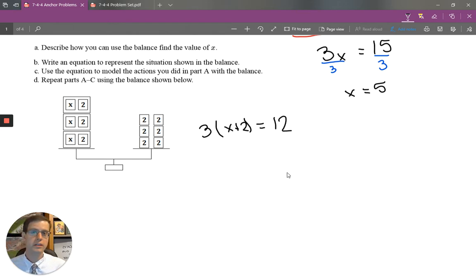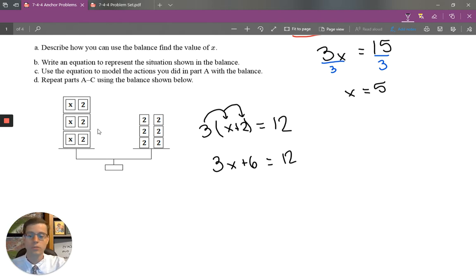Now this equation here, you have 2 options to solve. The first option is to distribute. So I could distribute this 3 times the x and times the 2. So this is going to leave us with 3x plus 6 equals 12.